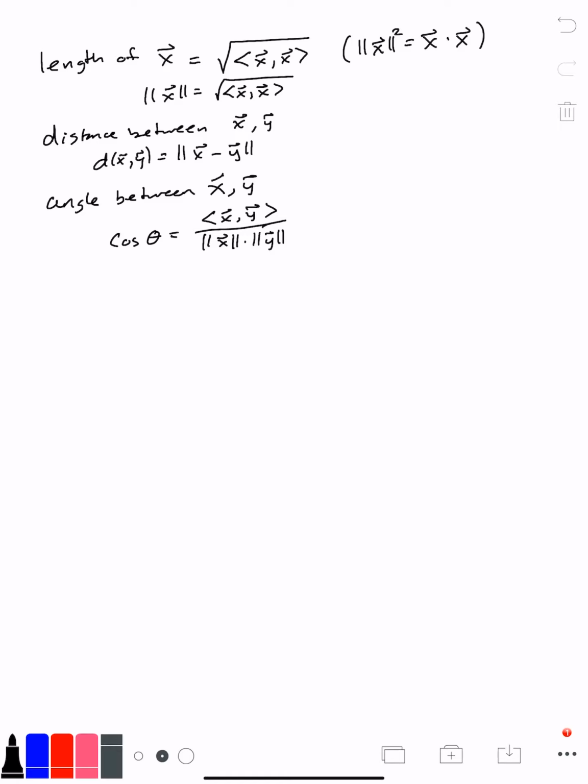And I also want to point out that we can have different inner products on the same vector space. For example, the standard R2 inner product is x1 y1 plus x2 y2. And with the same R2, we can change the inner product to x1 y1 plus 5 x2 y2.